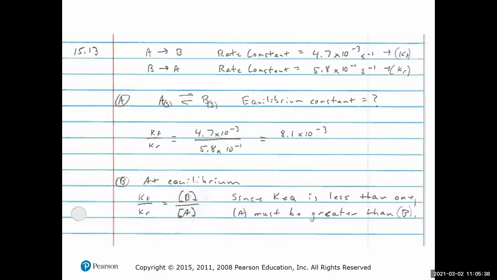So that's just simply the definition of the equilibrium constant. It's the forward reaction rate divided by the reverse reaction rate.